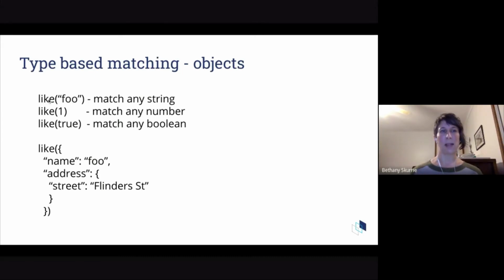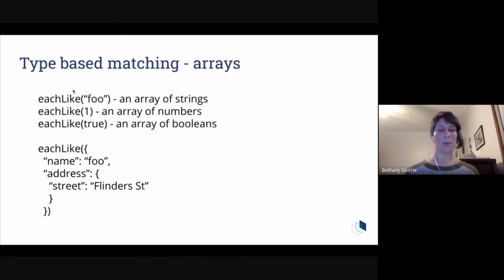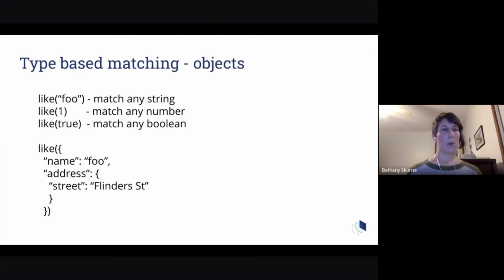You just say like and then give it an example string. Now that example is what is going to come back in the response from the mock object. So it's always nice to give it an example rather than just say I want a string, because then the tool would have to generate a random string for you, and that would make your test a little bit difficult.